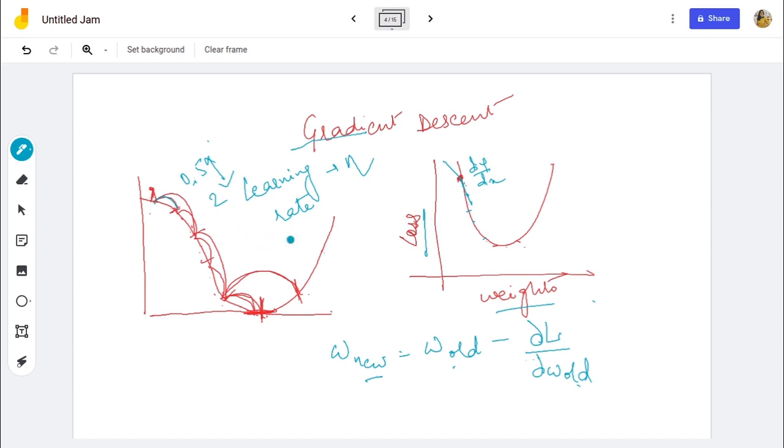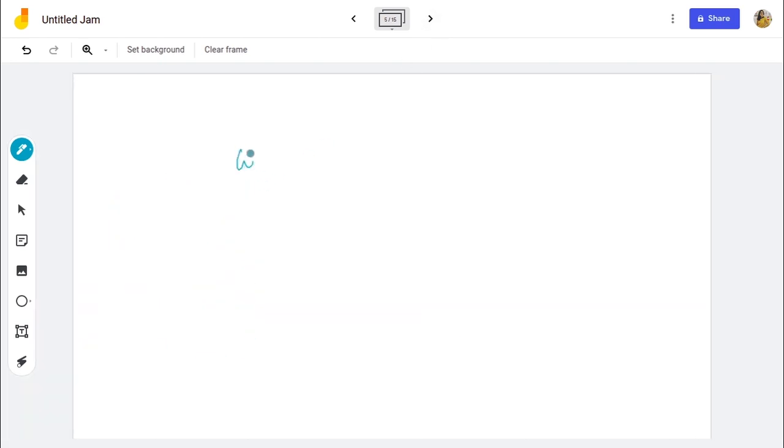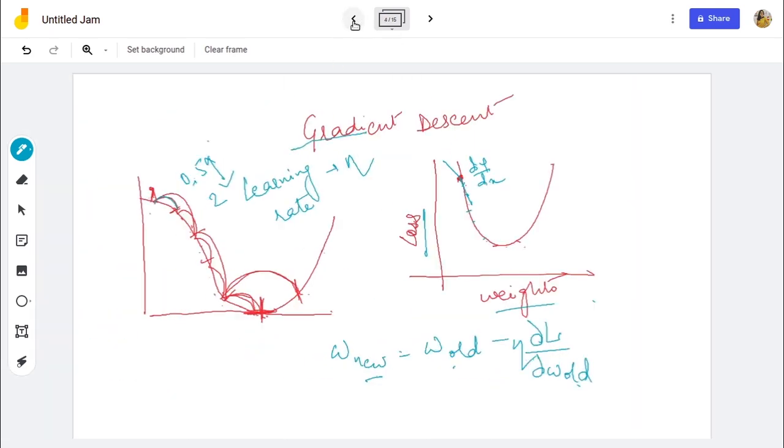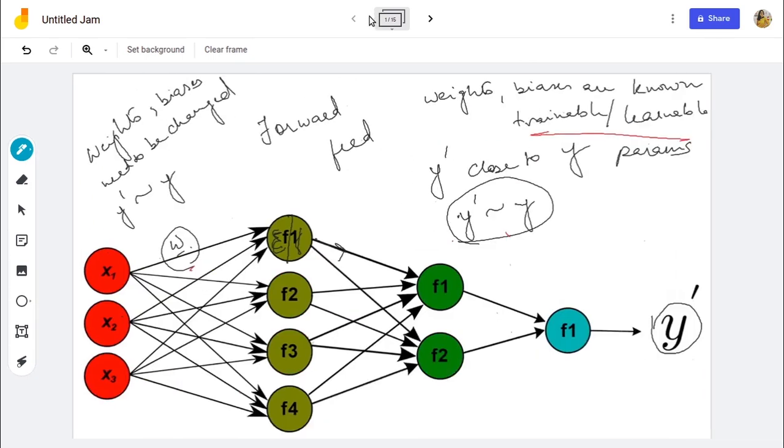So this magnitude also we need to signify, like how much is the magnitude while going downwards, the descent. So you have this eta function here. So the new formula comes up to, the new weights will be equal to old weights minus eta times differentiation of loss with respect to old weights. Simple.